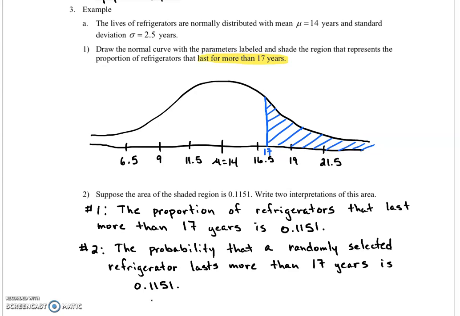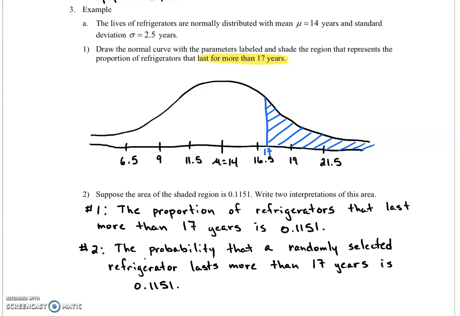Or you could also change that decimal into a percent. In Pearson, be careful to pay attention to whether it wants a decimal or a percent. Usually if it wants a percent, it'll have a little percent symbol after the answer box.